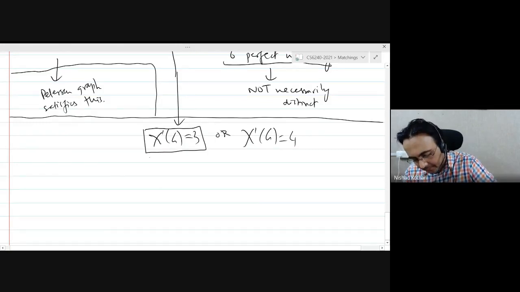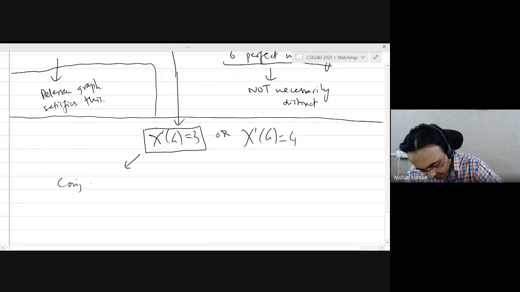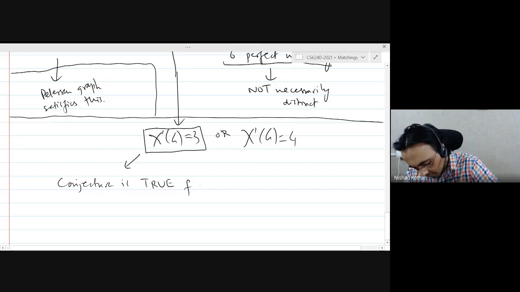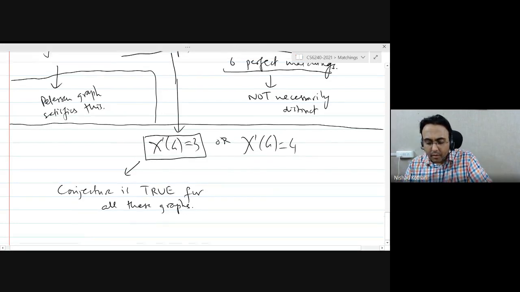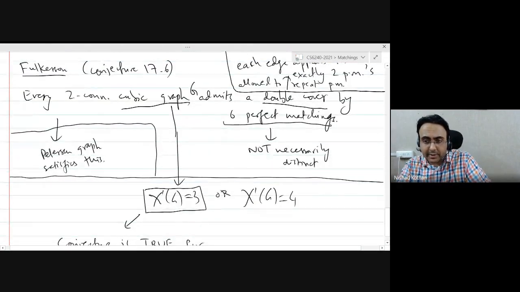Does anybody see why? I claim that the conjecture is true for all these graphs. Whenever the graph is three edge colorable, the conjecture is true. If you know that your graph is a two connected cubic graph and it is three edge colorable, can you convince me that the graph has a double cover by six perfect matchings?